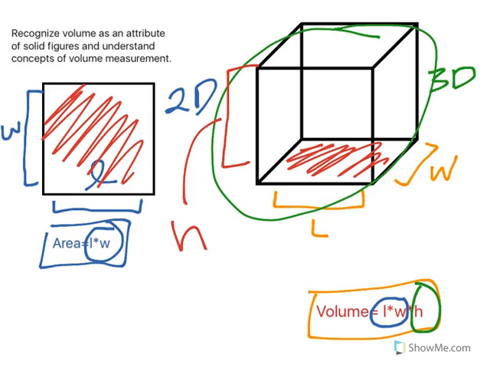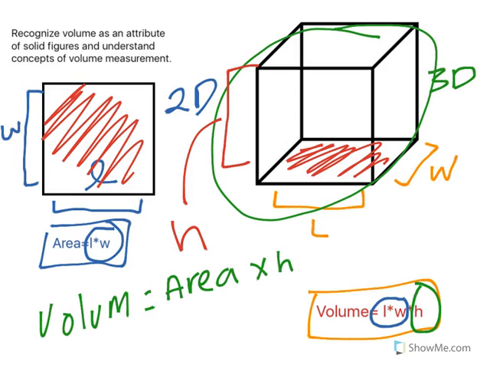So all volume is length times width times height, or you could even think of volume as area times our new dimension, which is height. And that's all there is to it. We'll do some examples on the next page just to reiterate this concept.